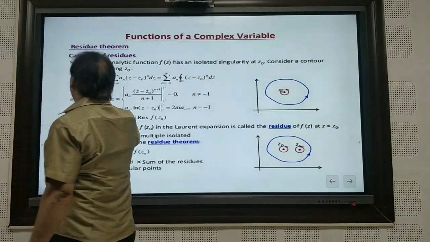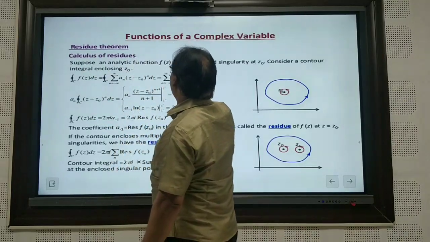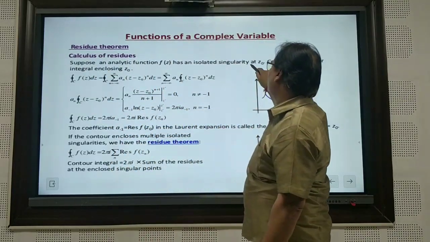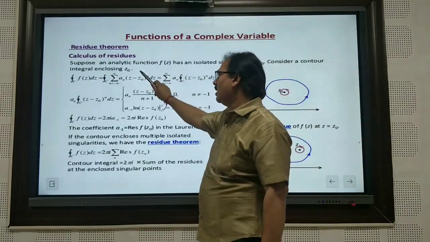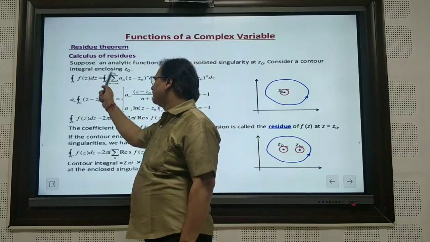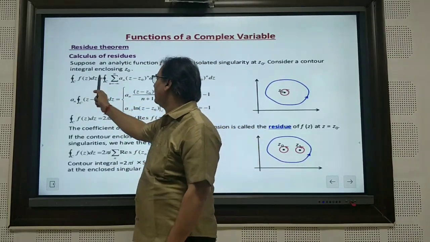What is meant by calculus of residues? Suppose an analytic function f(z) has an isolated singularity at z0, then considering the contour integral enclosing z0, already discussed in the previous lecture, the integral over C of f(z) dz.